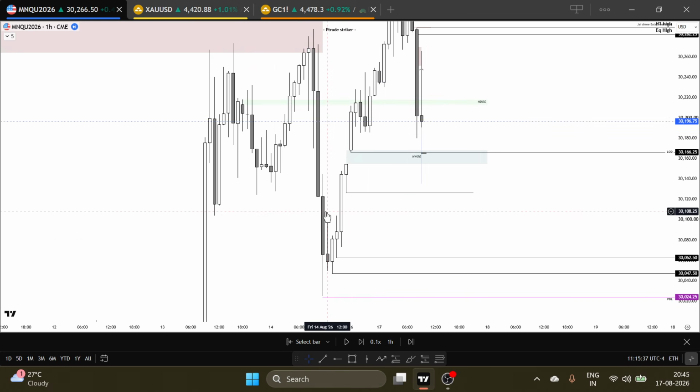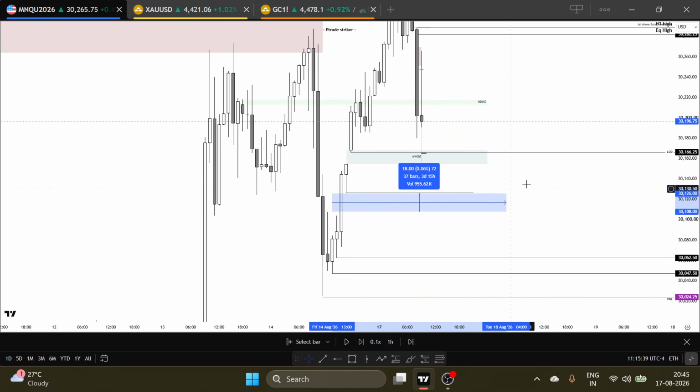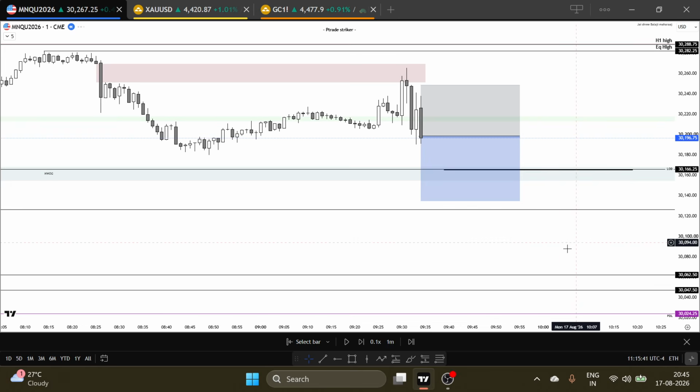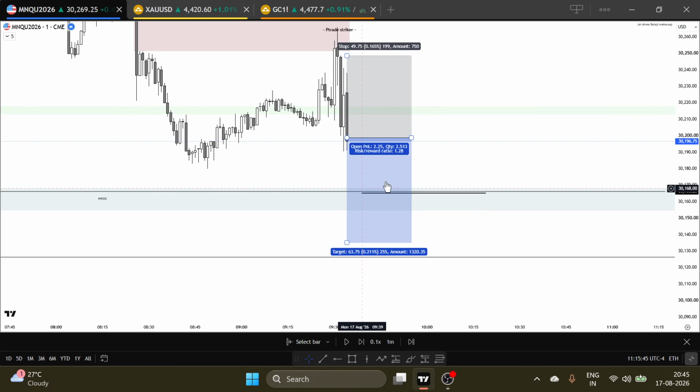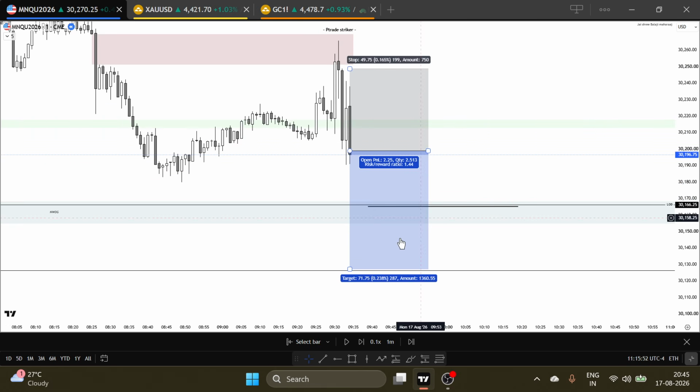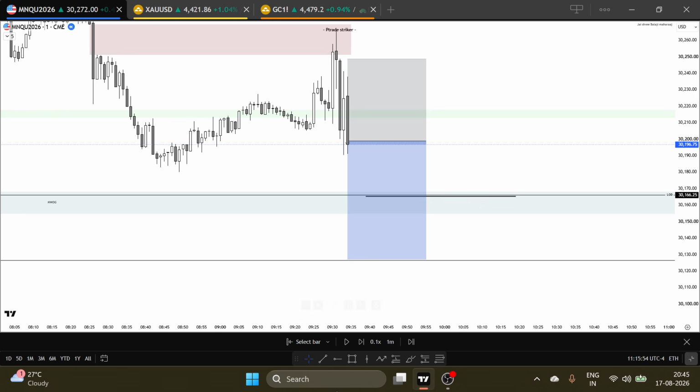Here we have this H1 FVG, right? So I knew that price would start reversing from this NWOG, and that's why I was thinking that I would trail my SL to break even as soon as price gave me any new structure.